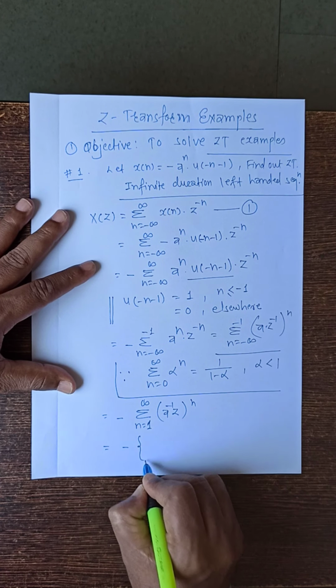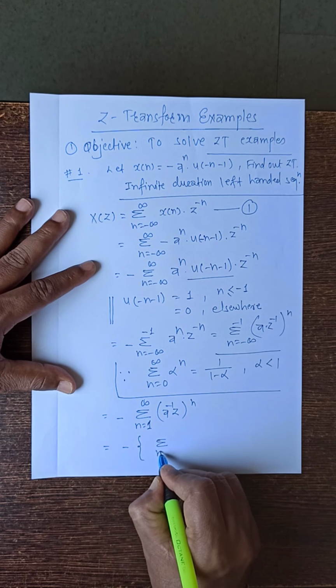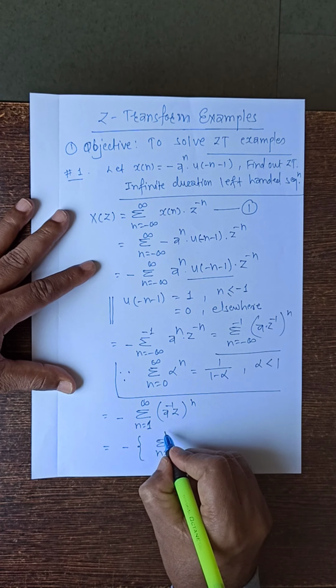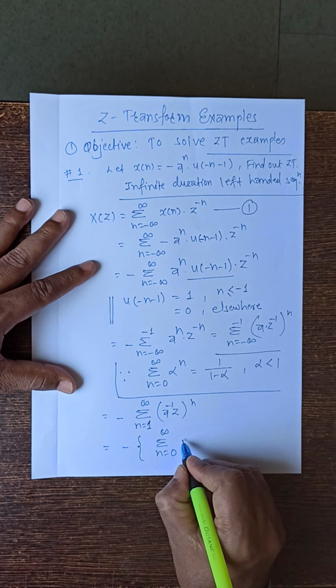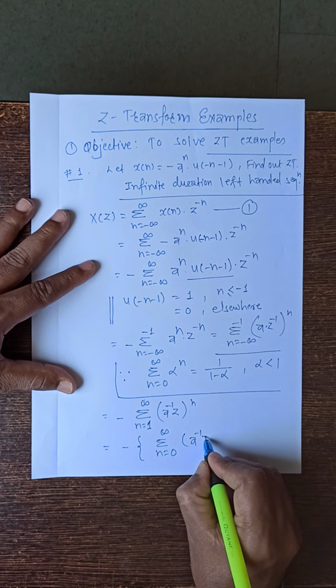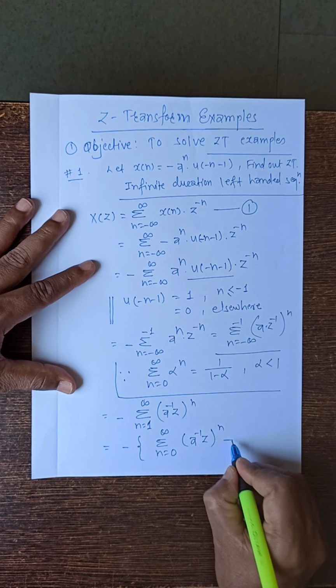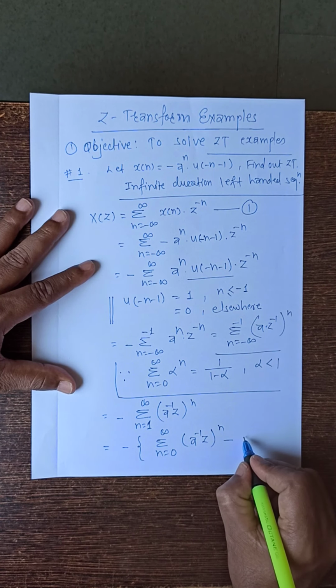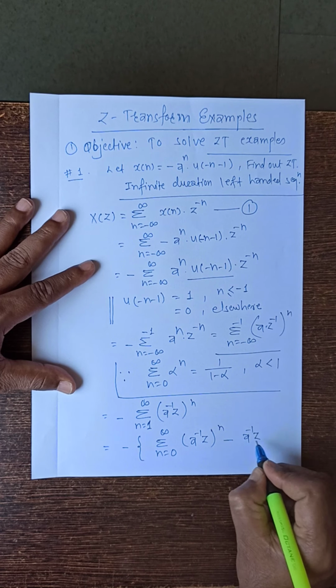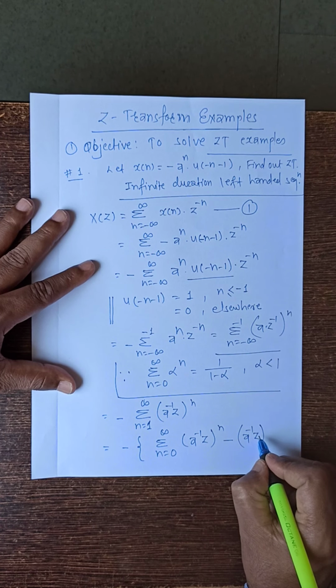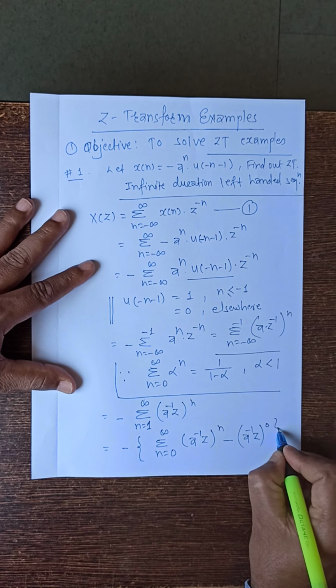So minus sign, summation n equals 0 to infinity, so I am adding the 0th term, a raised to minus 1 z raised to n. As I have added, I will subtract the 0th term, a raised to minus 1 into z raised to 0.